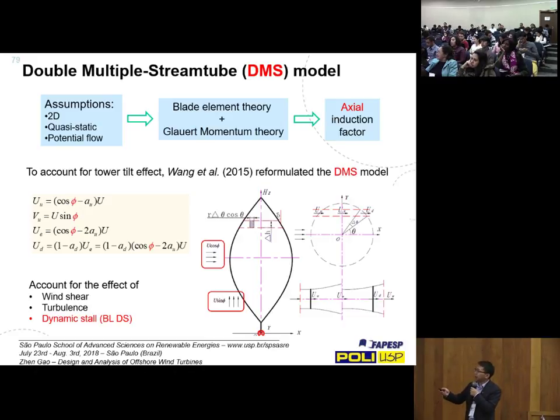And then if you combine all those, for all the blade elements, then you can get the load distributions. I will not go through details, and it basically uses blade element theory and momentum theory. It's very similar to the actuator disc model for the horizontal axis wind turbine.